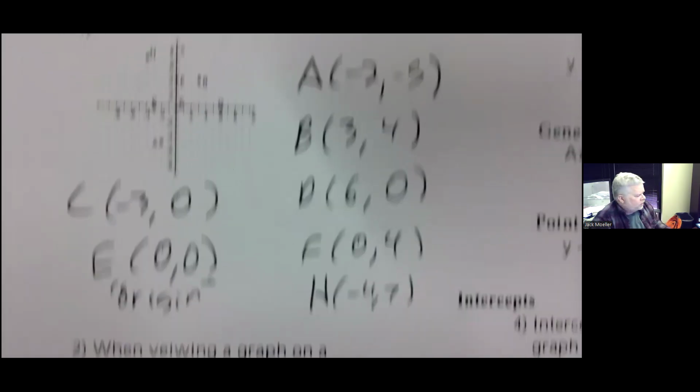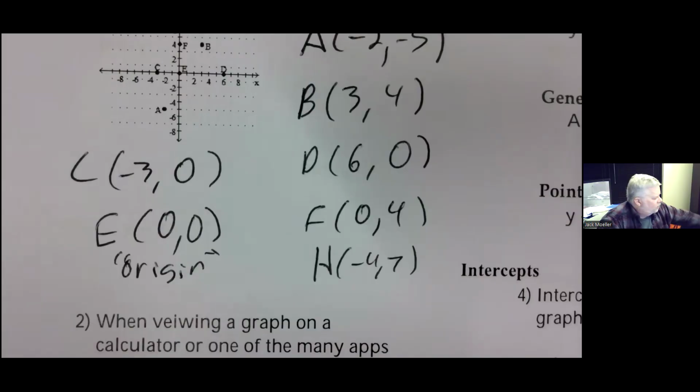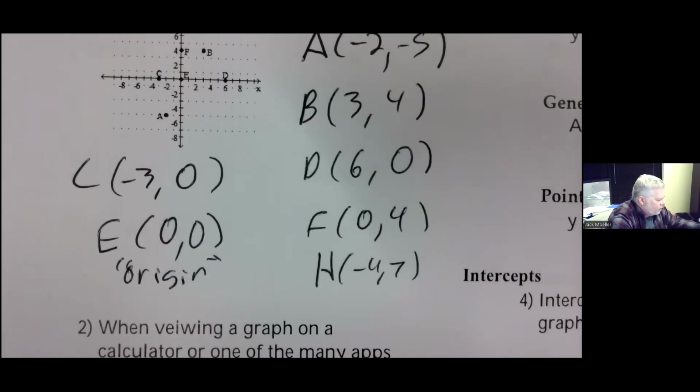So hopefully that's a review, but again, review is different for everybody, so that's why we're going over it. Everything in chapter 2 theoretically should be review, kind of like the factoring and the solving equations and the quadratic formula stuff was from unit 1.